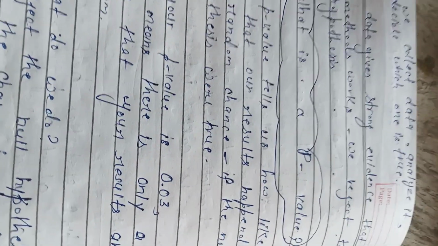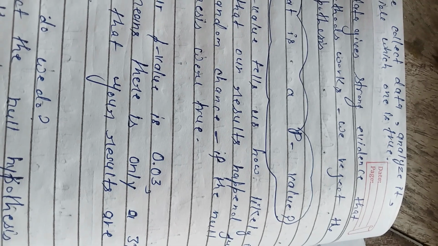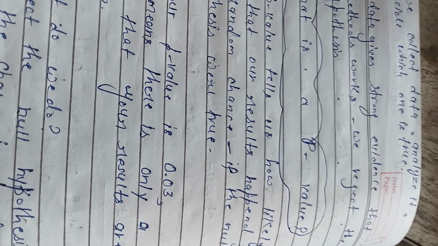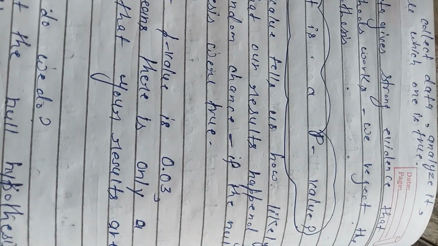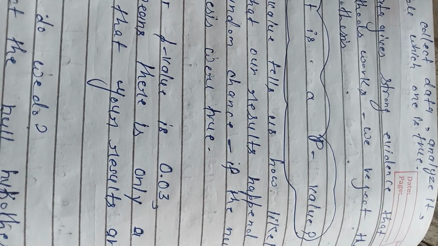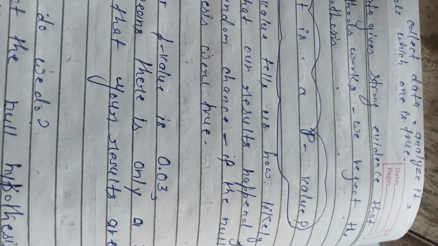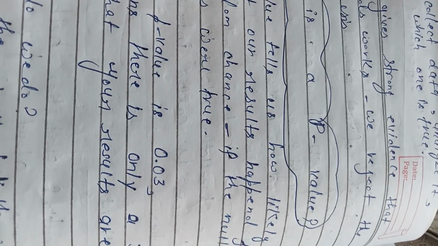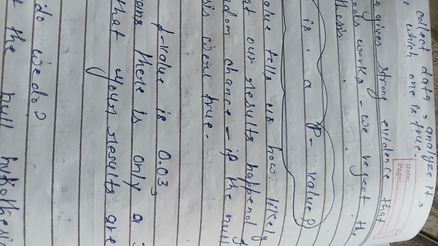So if the p-value is small, it means the result is less random and more real. That's why we accept the alternative hypothesis and reject the null hypothesis.